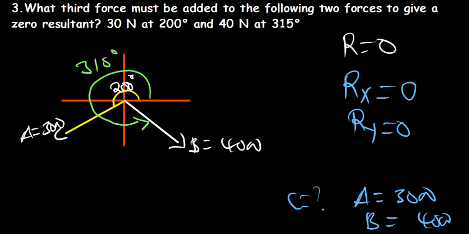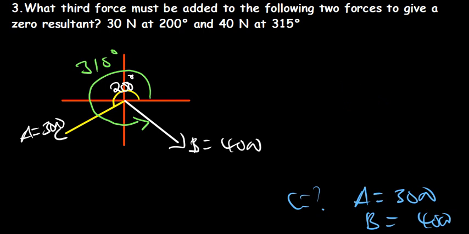My goal is to find vector C, the one which when we add to these two vectors, we are going to get 0. The best thing to do here is to add the x components and the y components on their own, then find the magnitude of that vector.